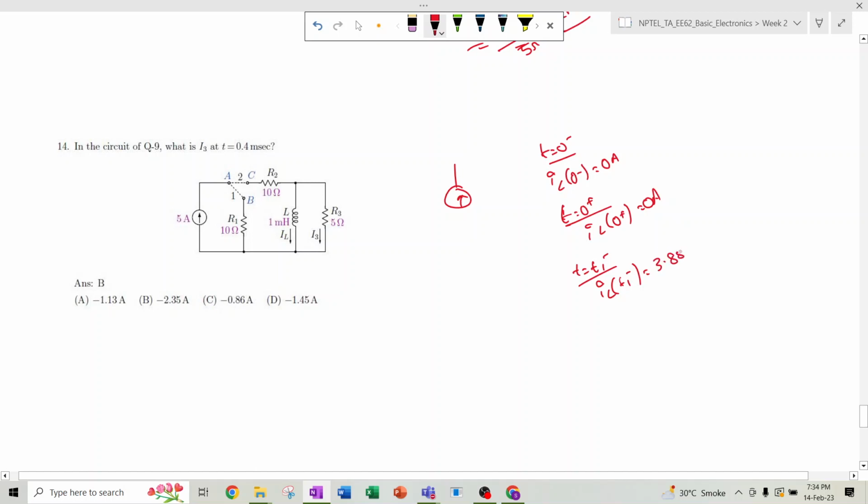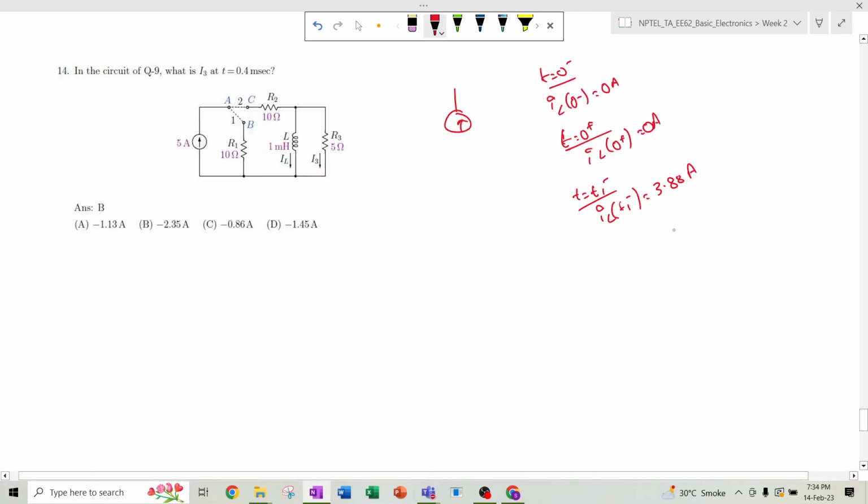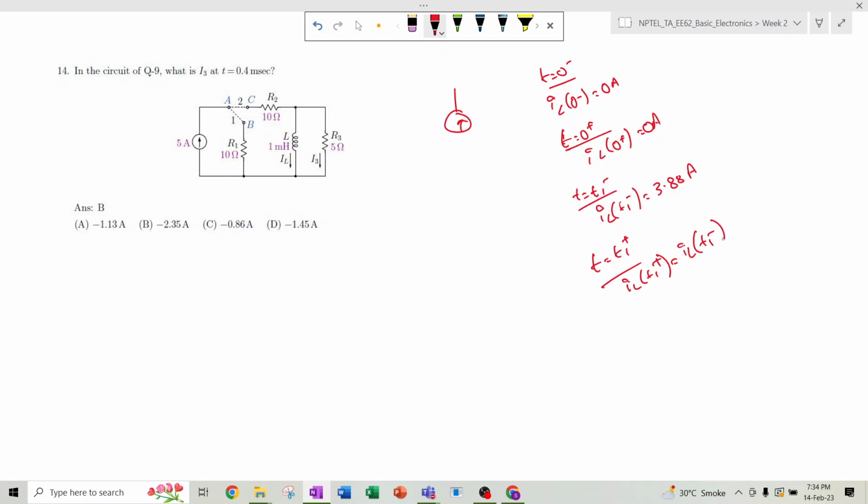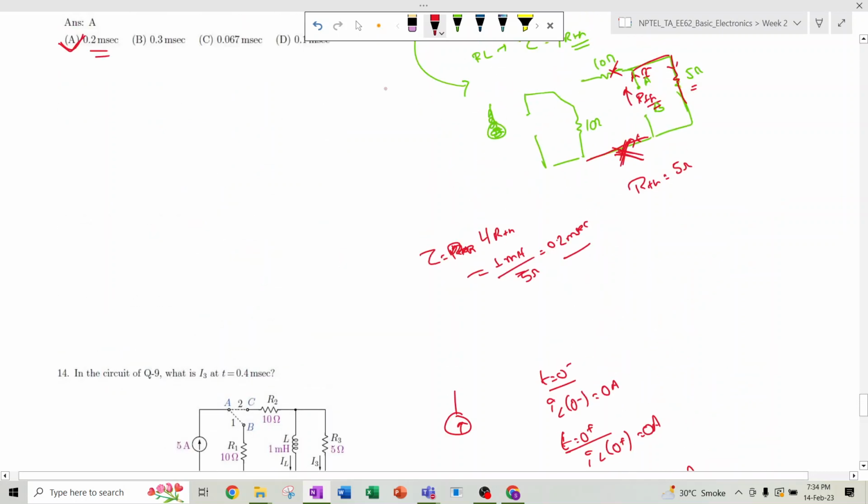Similarly IL at t1 plus should be equal to IL at t1 minus, which is 3.88 ampere. We have determined this so far.